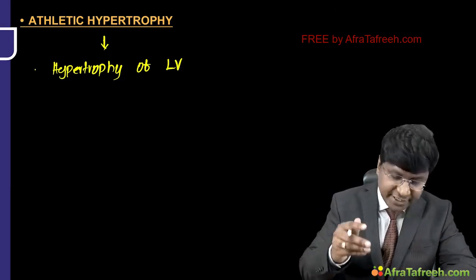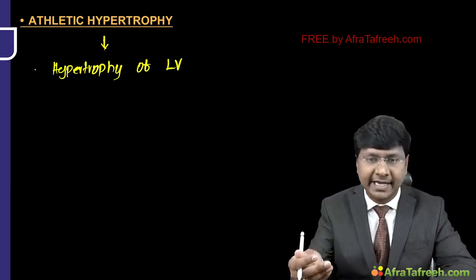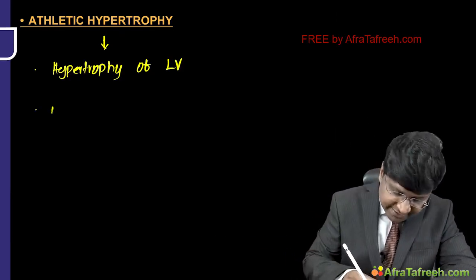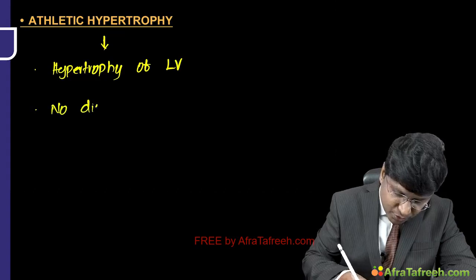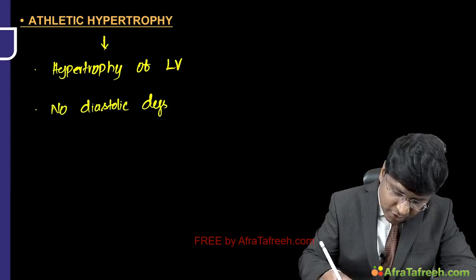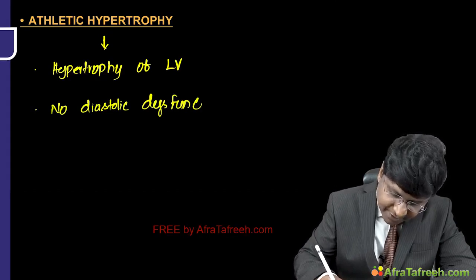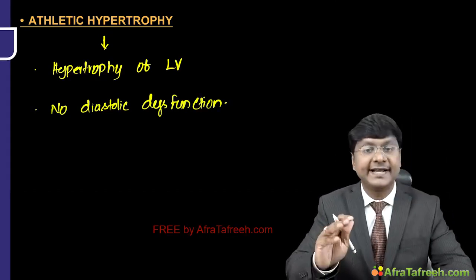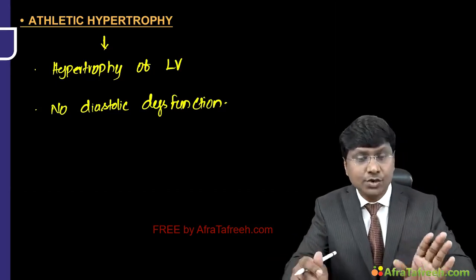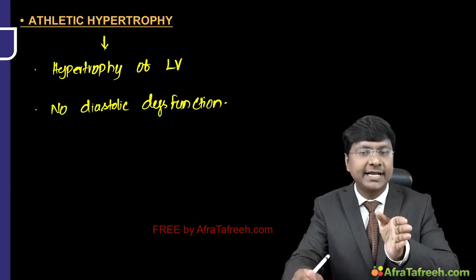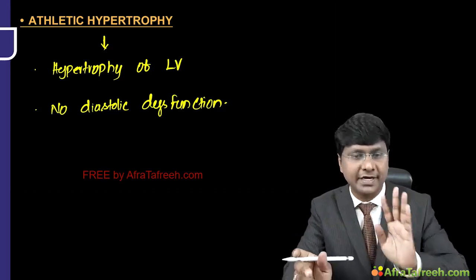But how will you differentiate them? In patients with athletic hypertrophy, there is no diastolic dysfunction. But in case of the hypertrophic cardiomyopathy, you have the presence of the diastolic dysfunction, right? So this will separate the athletic hypertrophy from the hypertrophic cardiomyopathy.